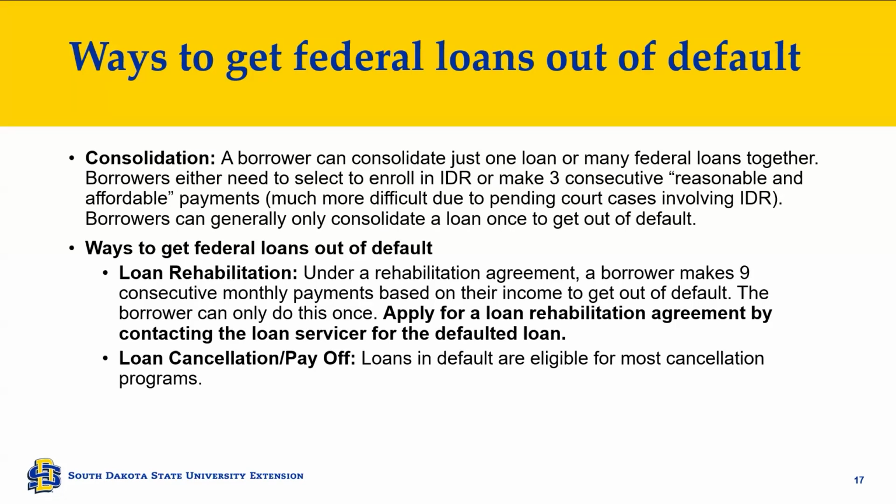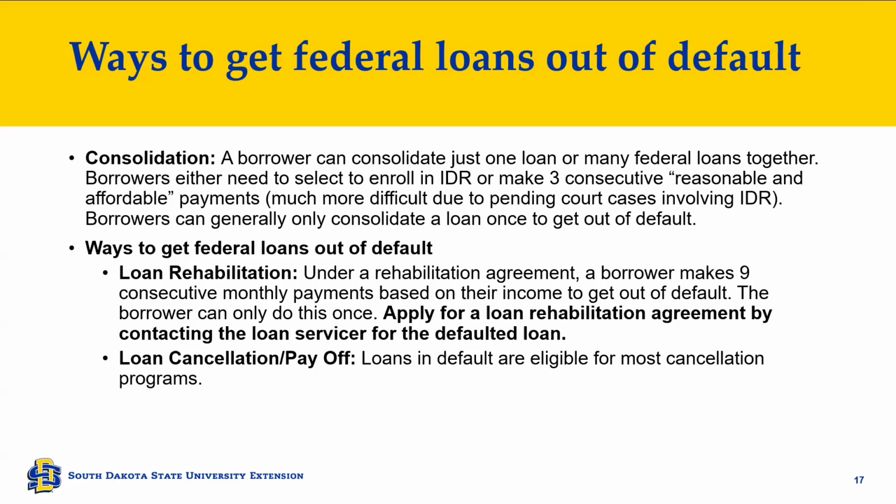As I said, it's more difficult due to pending court cases to apply for the income-driven repayment plans. The link is on the studentaid.gov website to apply for those IDRs. That wasn't the case a few months ago. So, really just looking at the situation and figuring out what to do.